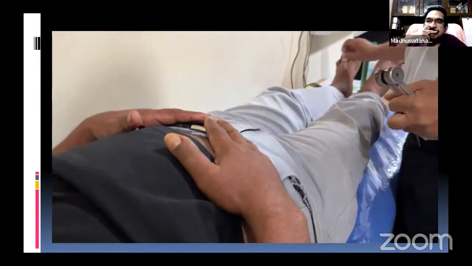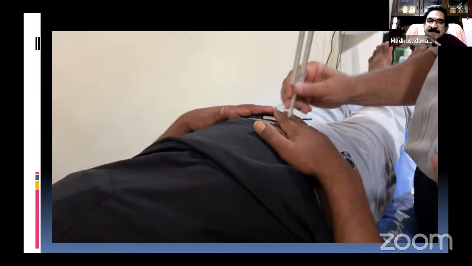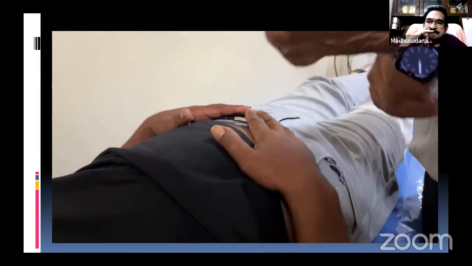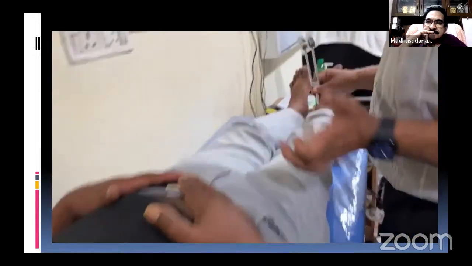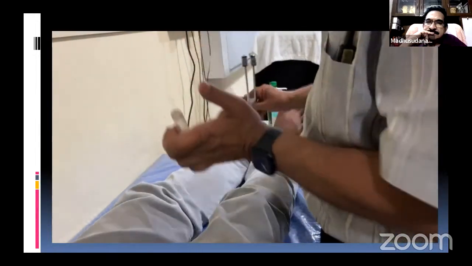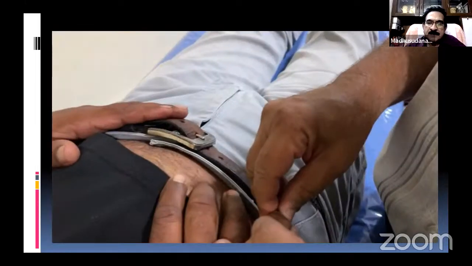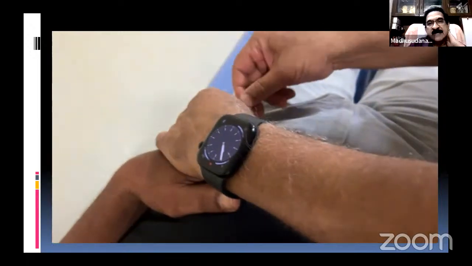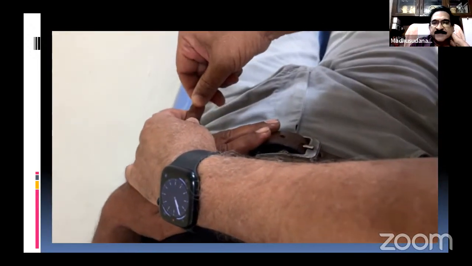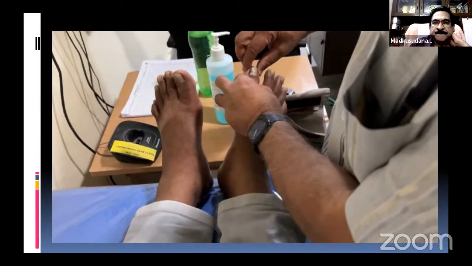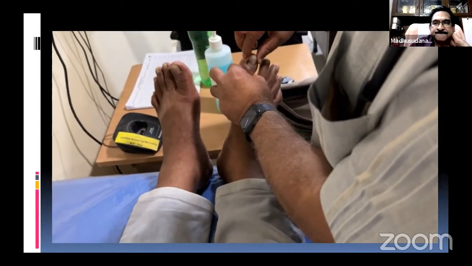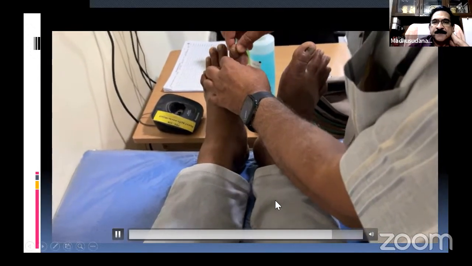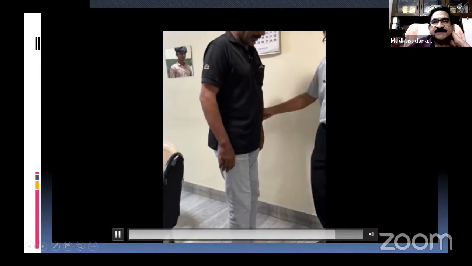Sensations were all normal. Vibration also normal. Joint sense were all normal. Specifically in the little finger, looking for high cervical cord compression, there is nothing. Romberg is negative.